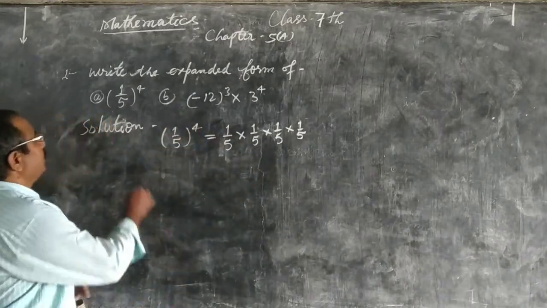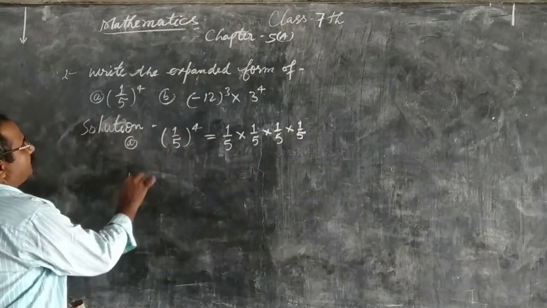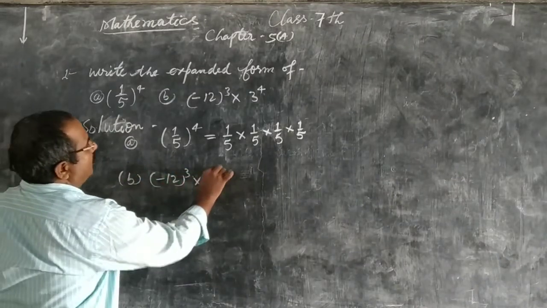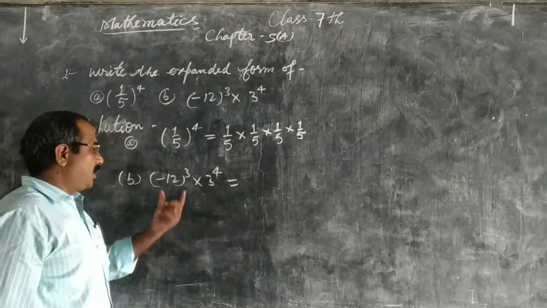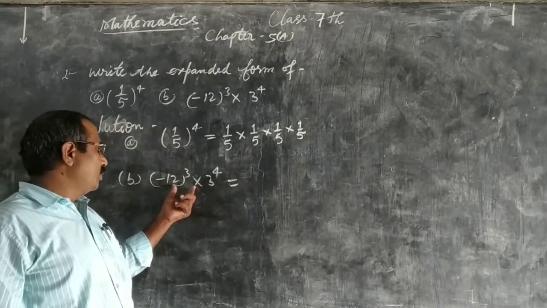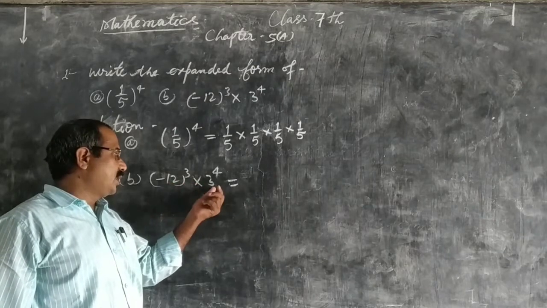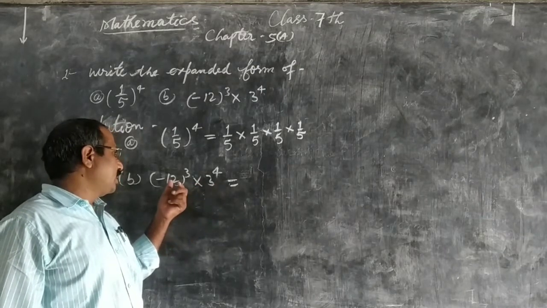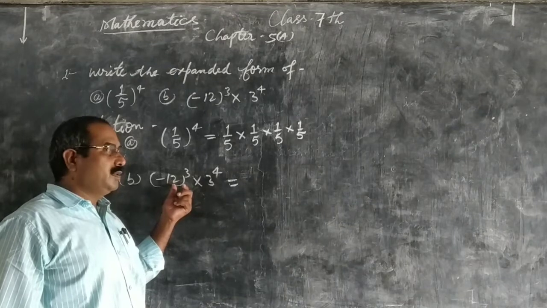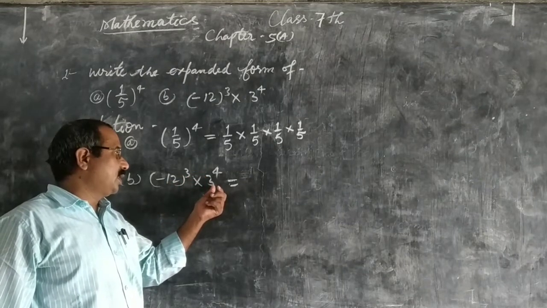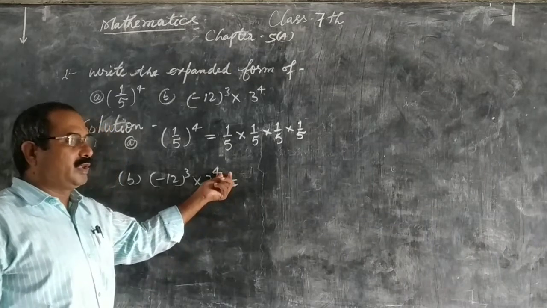The next question is minus 12 to the power 3 into 3 to the power 4. Here two elements have been given. The first is minus 12 and second is 3. The base of the first is minus 12 and the power is 3, and the base of the second is 3 and the power is 4.